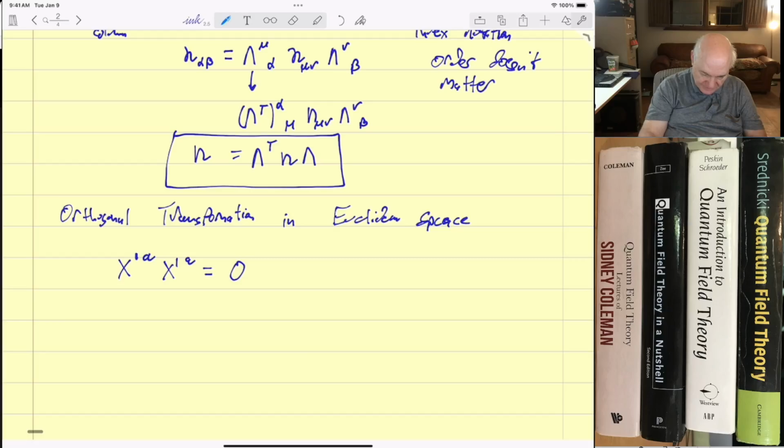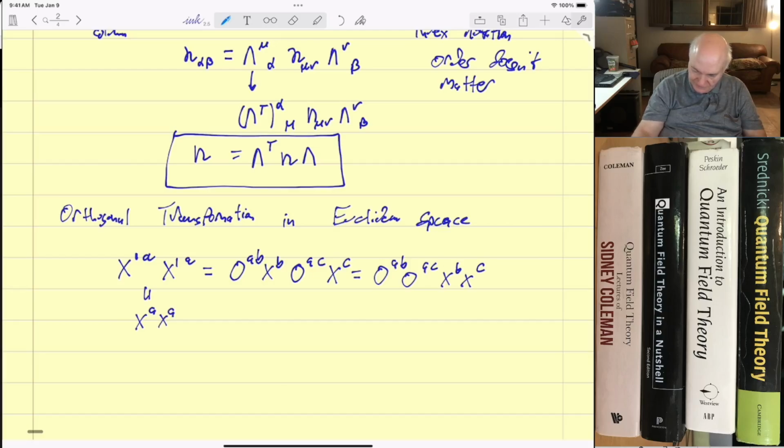say we have an orthogonal transformation. This is equal to OAB, OAC, XB, XC. And what we want to get is XA, XA, equal to XA, XA.